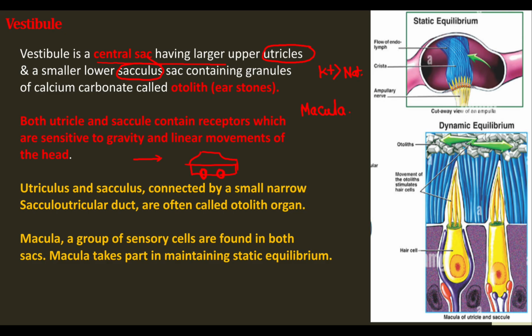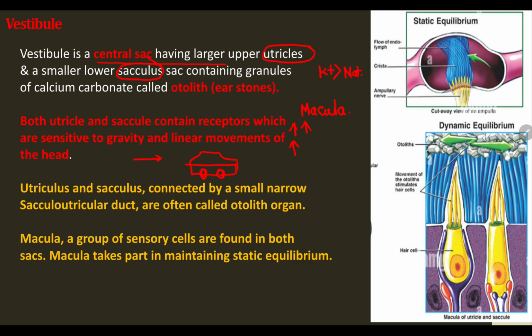And then they have saccule. Saccule is for vertical acceleration, like you are going in a lift from the ground floor to the 10th floor. Then you are moving upward, and it will be detected by saccule.